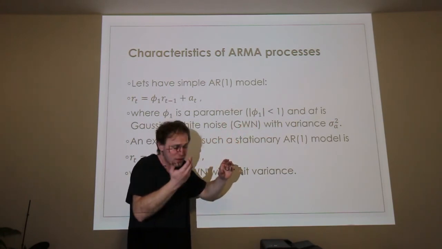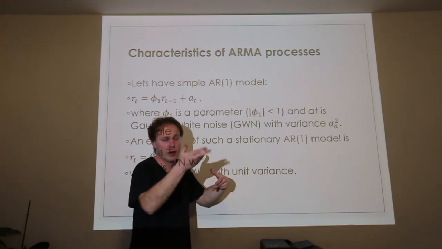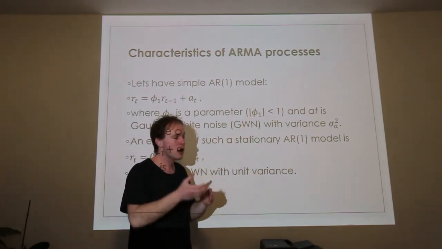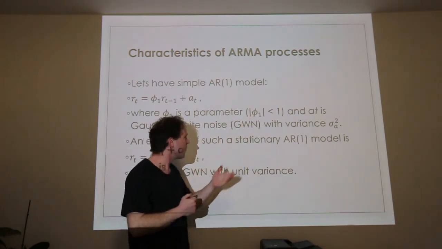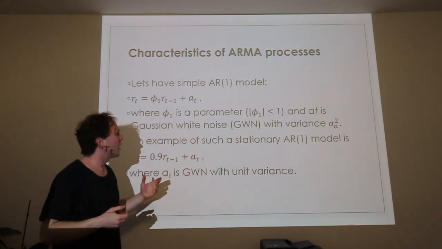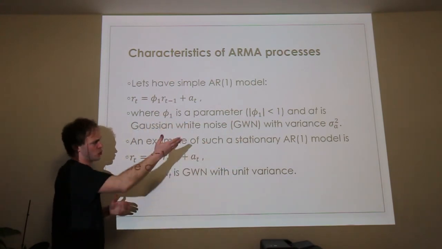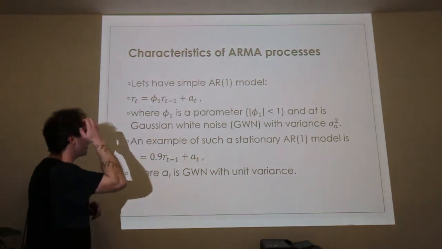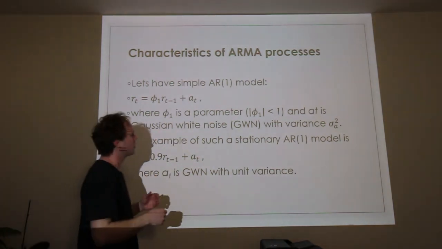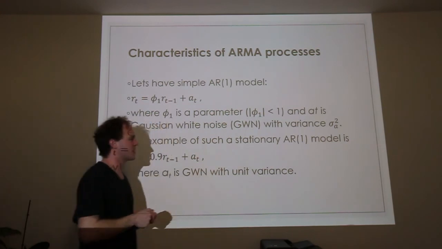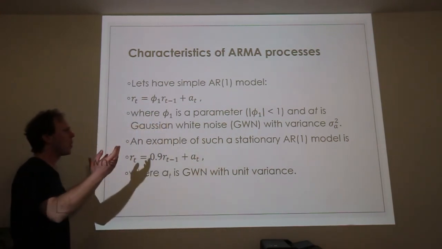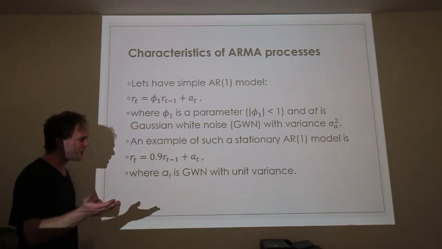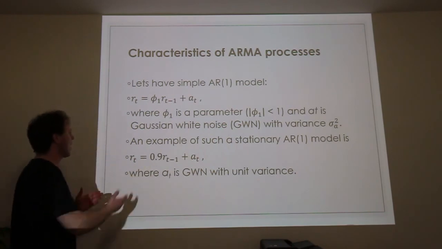Because it is a measure of dependence, it is smaller than 1. And a_t is Gaussian white noise with variance sigma_a squared, so again finite and constant variance.